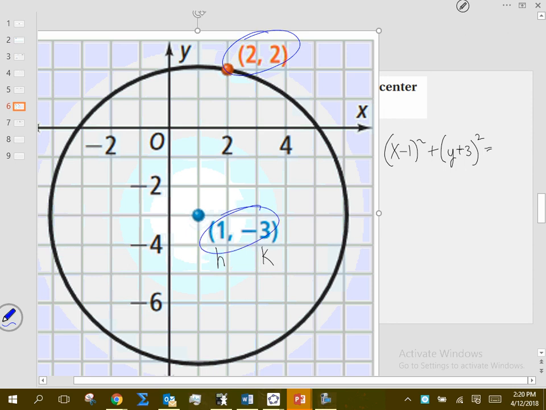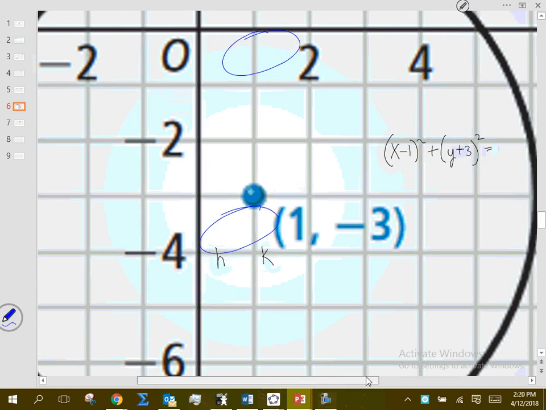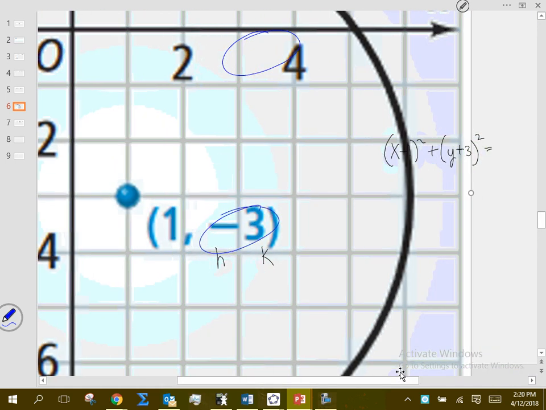What a lot of people want to do, because this would be easy, is go from the center straight out to that point right there, and people are going to go 1, 2, 3, 4, 5. But if I zoom in, it's problematic because of the numbers you're using here. That grid line is right there. Is the arc of the circle beyond that? So the radius is a little bit bigger than 5.